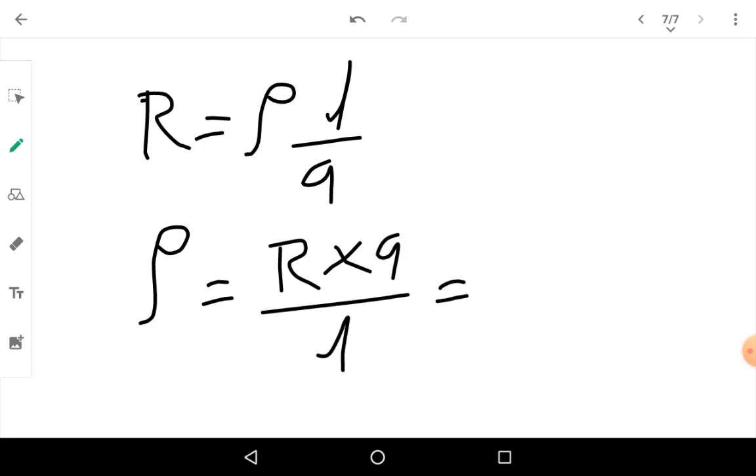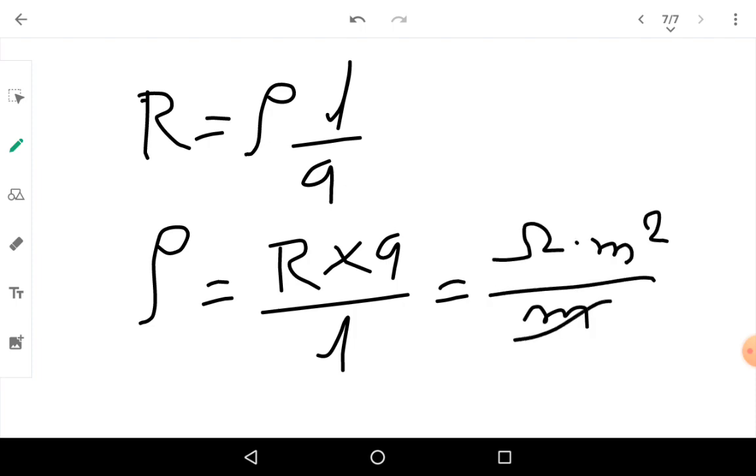The unit of R is ohm, area is meter square, and length is meter. This meter will cancel out, so the unit of rho is ohm meter.